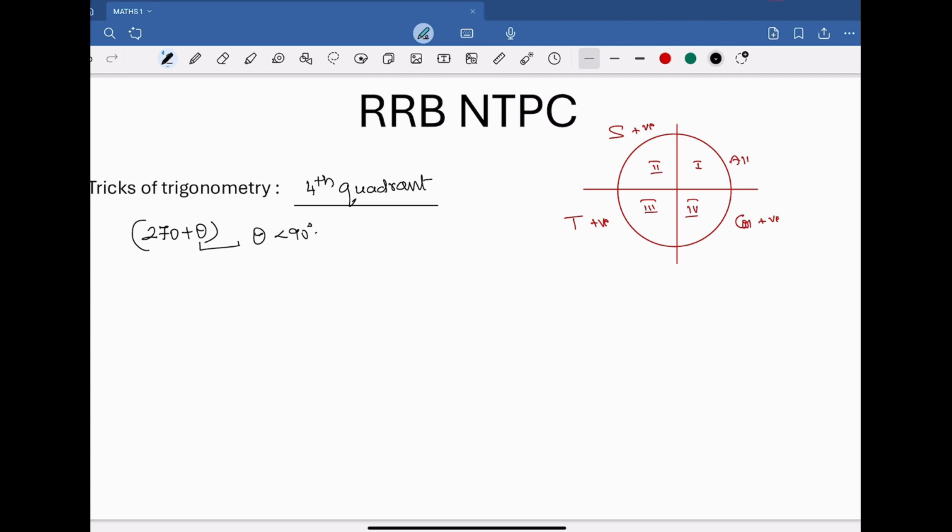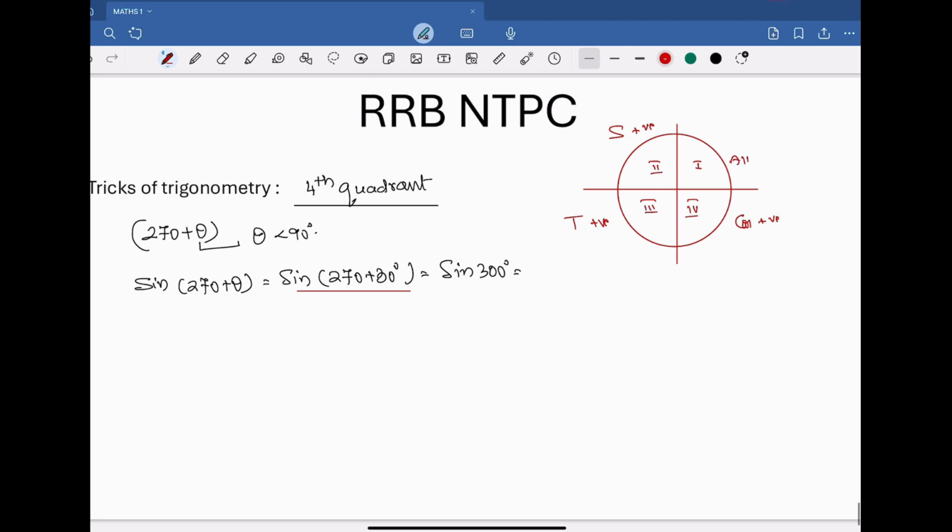Now, what is sin theta? Sin 270 plus theta, if theta is 30, is equal to sin 300. What will be the value of sin 270 plus theta? Sin is negative, and 270 is 180 plus 90.